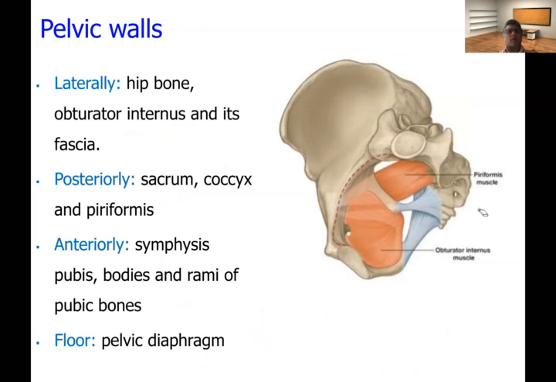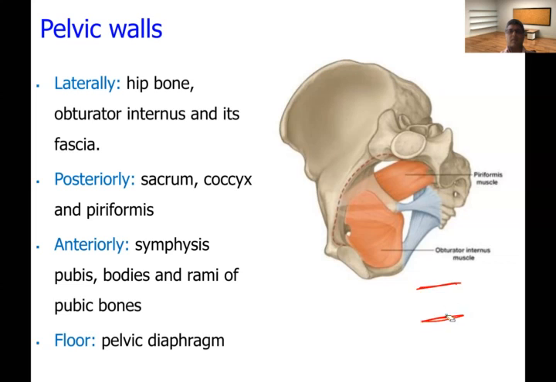Then the pelvic walls. The pelvic cavity is not a box like this, but still the walls are defined as if it's a box. So you have a posterior wall, lateral walls, and an anterior wall. But remember, the lateral and posterior walls actually make posterolateral walls, even though the description is posterior and lateral.